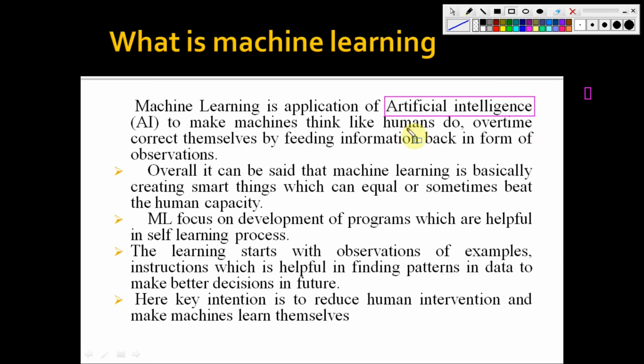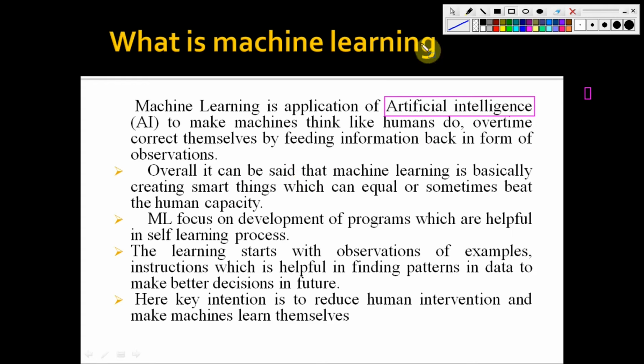So artificial intelligence is used, and it will start thinking like humans, and over time it will correct itself by feeding information back. Whatever mistakes it has made, it will note down and take care of them the next time, so it will not make those mistakes again. So that is basically artificial intelligence and machine learning. They are combined, guys.